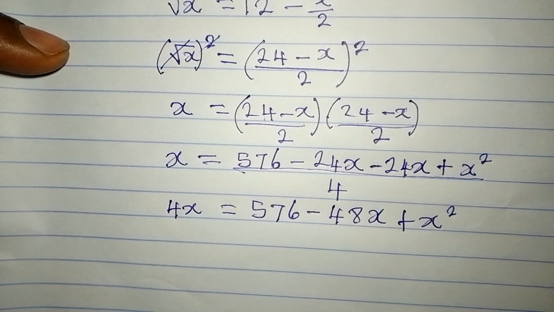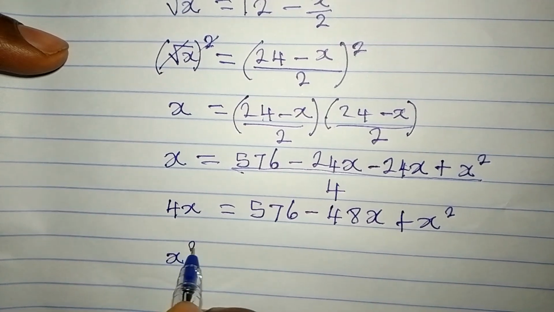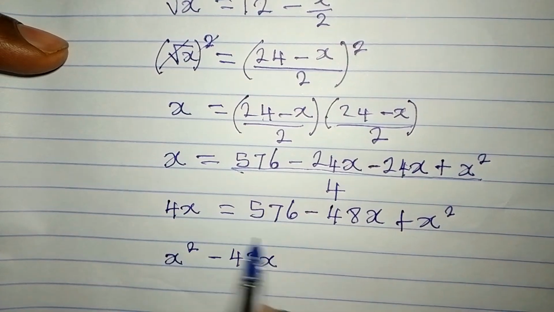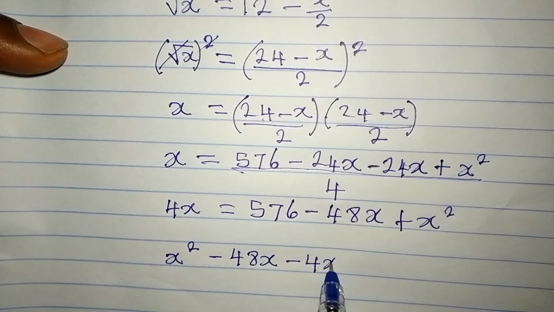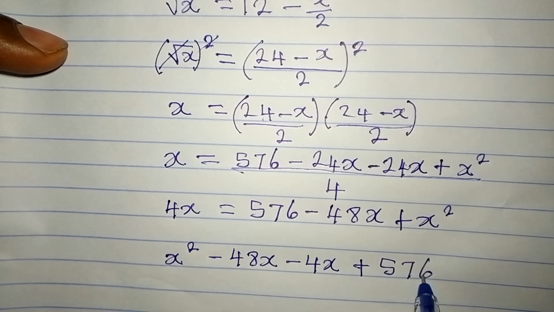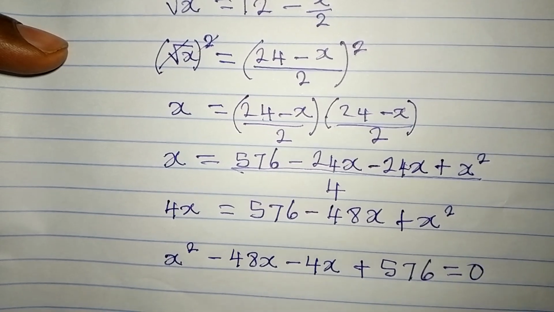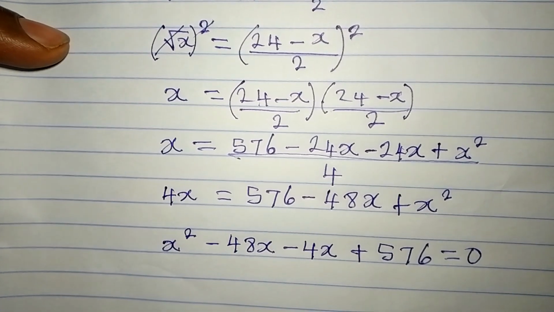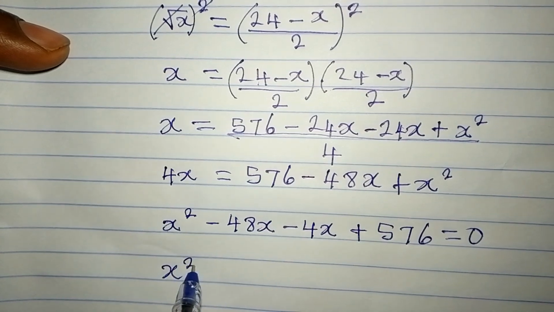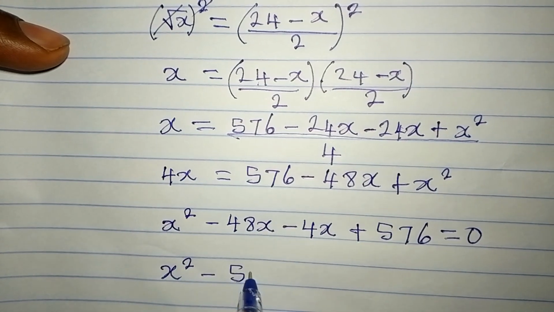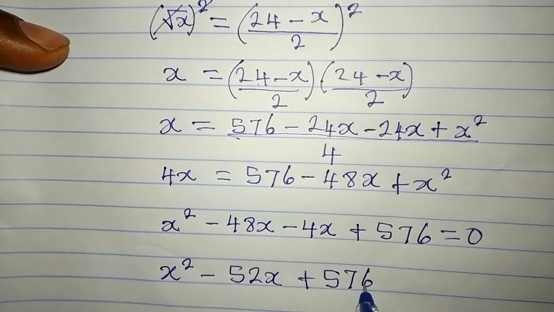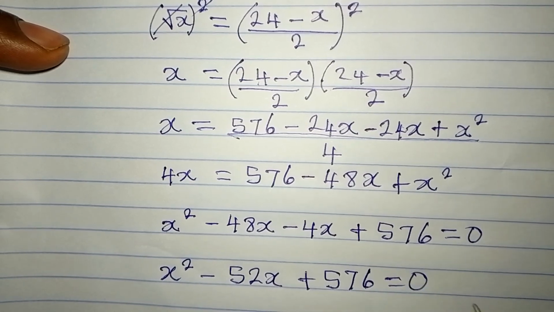If we do that, then I'll be having x squared minus 48x, then minus 4x, then plus 576, and everything is equal to 0 because I brought all of them to the same side. Now we have x squared minus 52x plus 576 equal to 0.